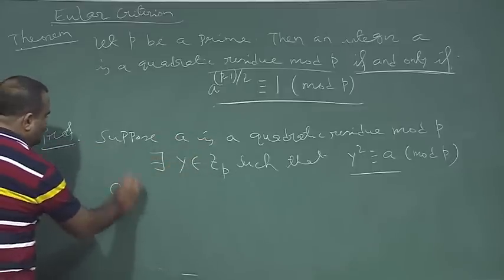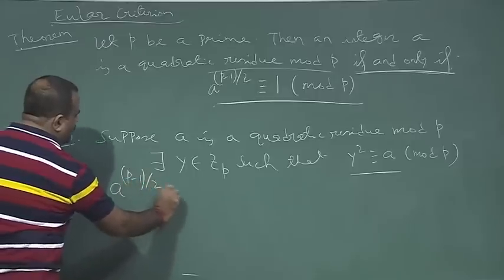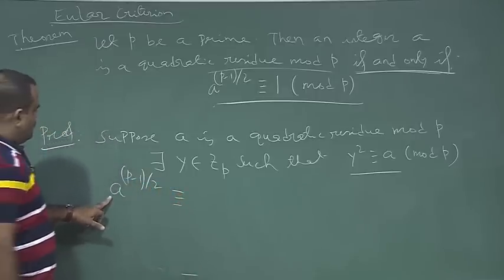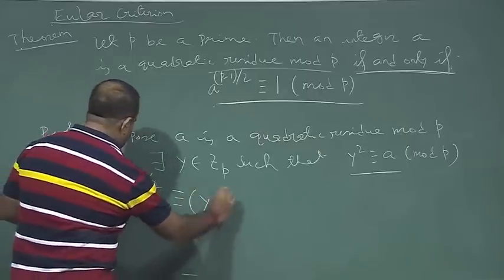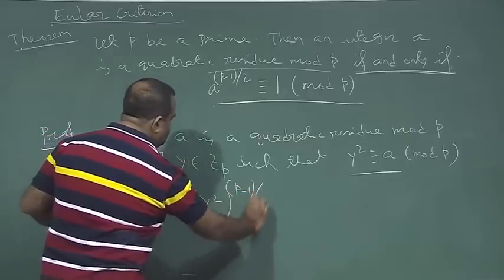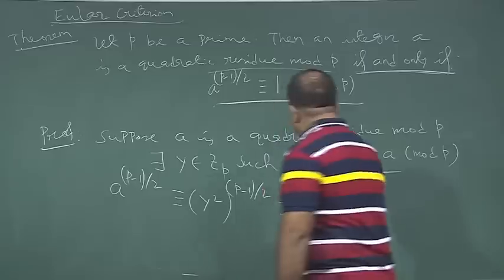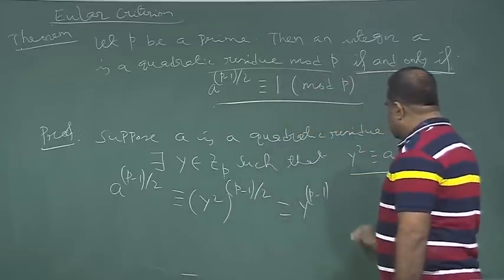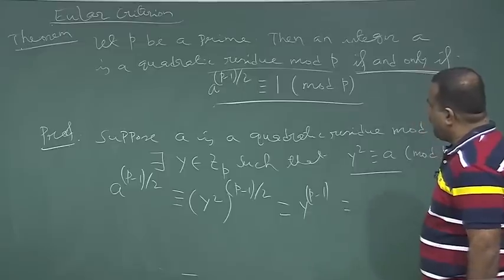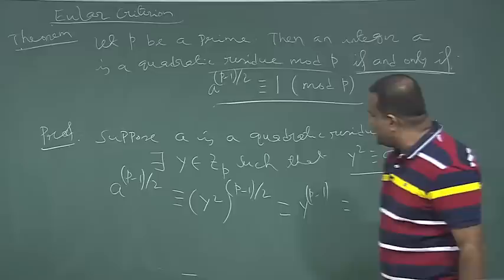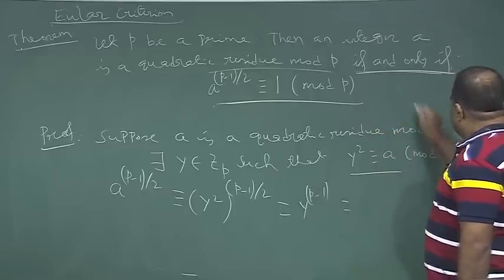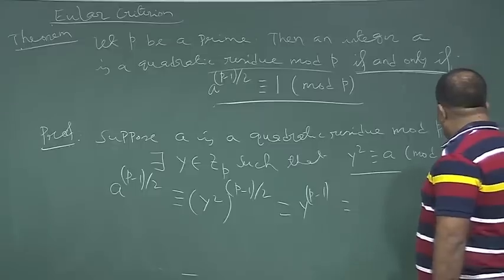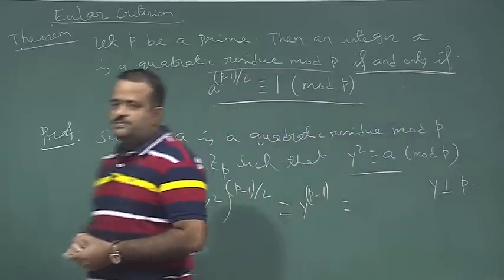So, we have a to the power (p minus 1) by 2. This is congruent to y squared, to the power (p minus 1) by 2, mod P. So, this is basically y to the power p minus 1. Now, y is from ZP, and p is a prime, so y must be co-prime with p.